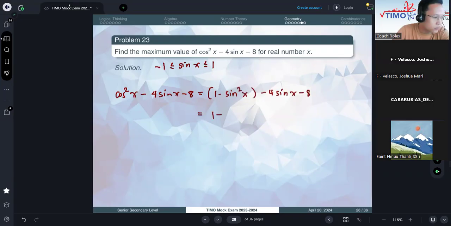Okay, rearrange natin. Okay, we have 4, 4. If we want to have here 1 minus 2.